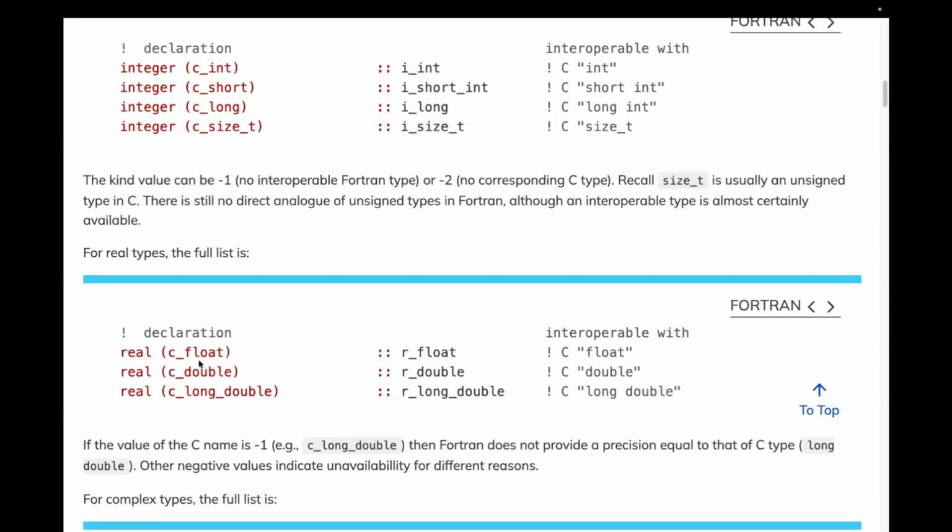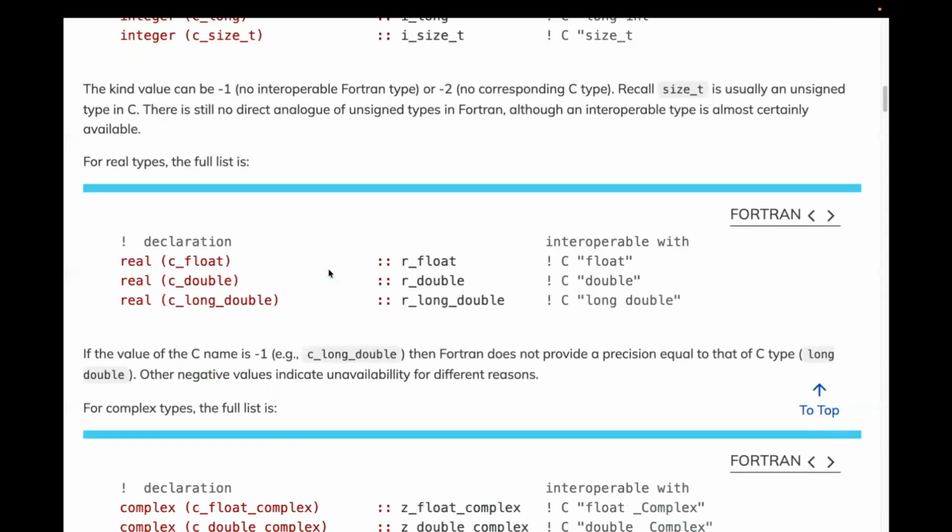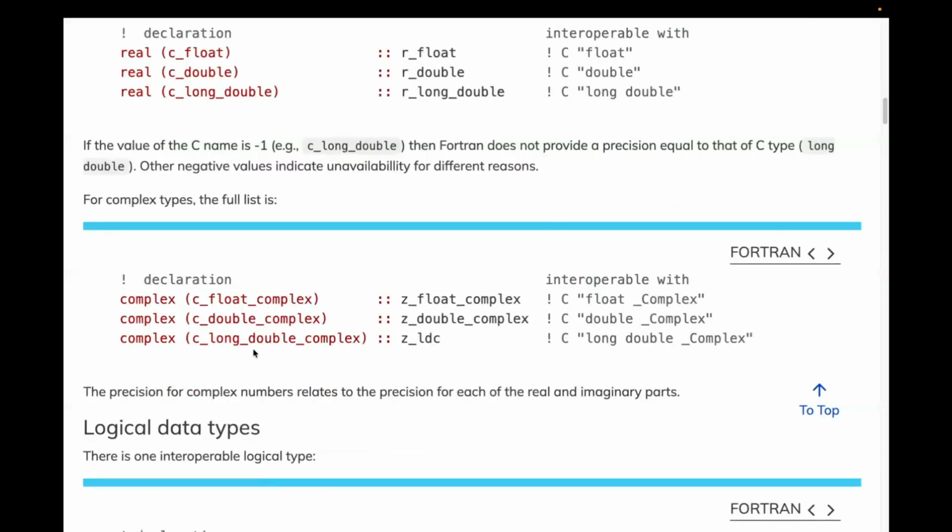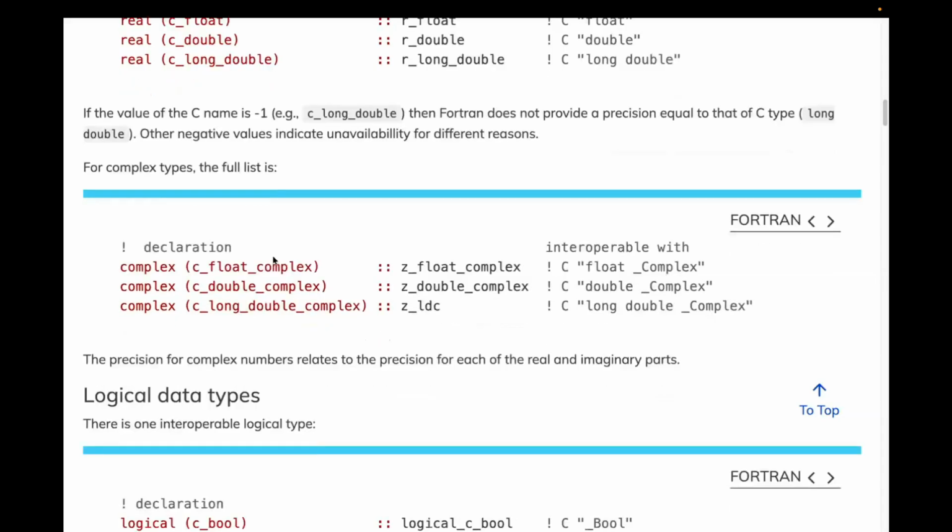If C float, if C double, whatever, is less than 0, probably stop your code and print out what that negative value is, and go and check what it is and see if it's something which you can work around. You even have complex types, so you can go for C float complex, C double complex, C long double complex, and those precisions just match straight back onto the real types.